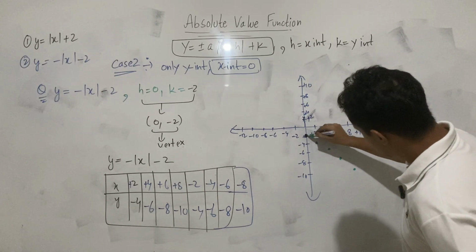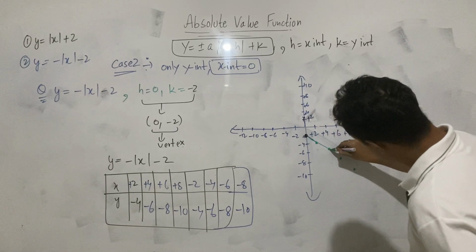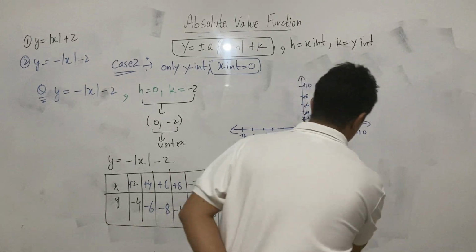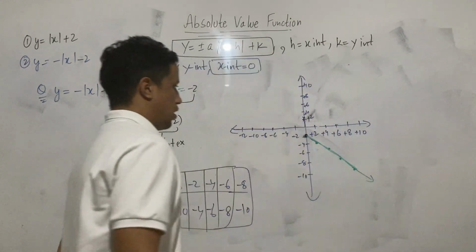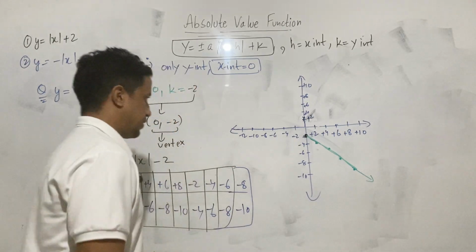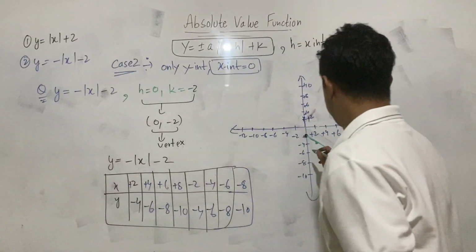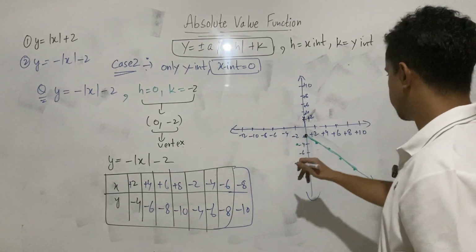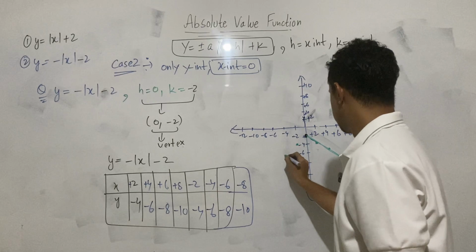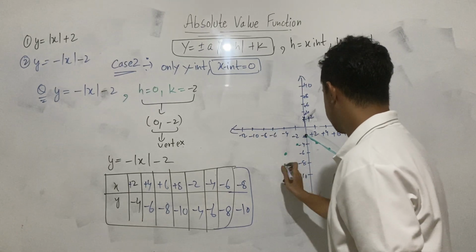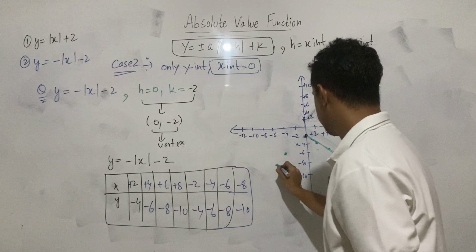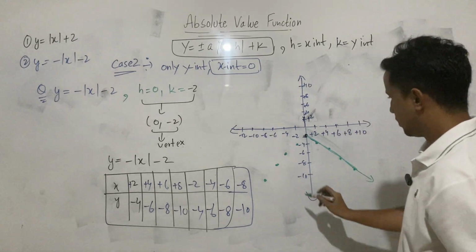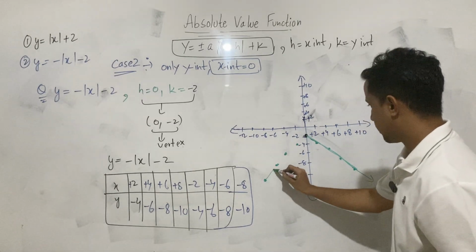So this is going to be the line. And on this side, see here, minus 2, minus 4, again the reflection of all these points. Minus 6 here, then minus 8, minus 10 here. So it's going to be something like this.